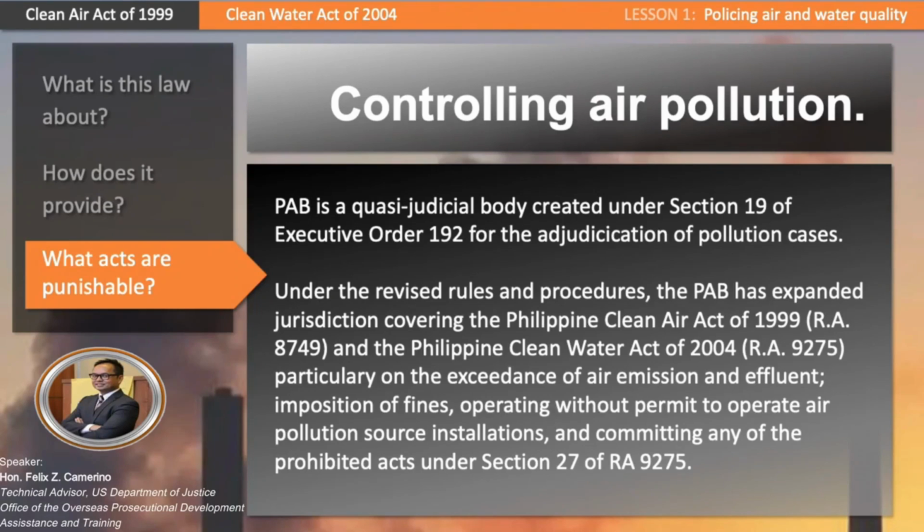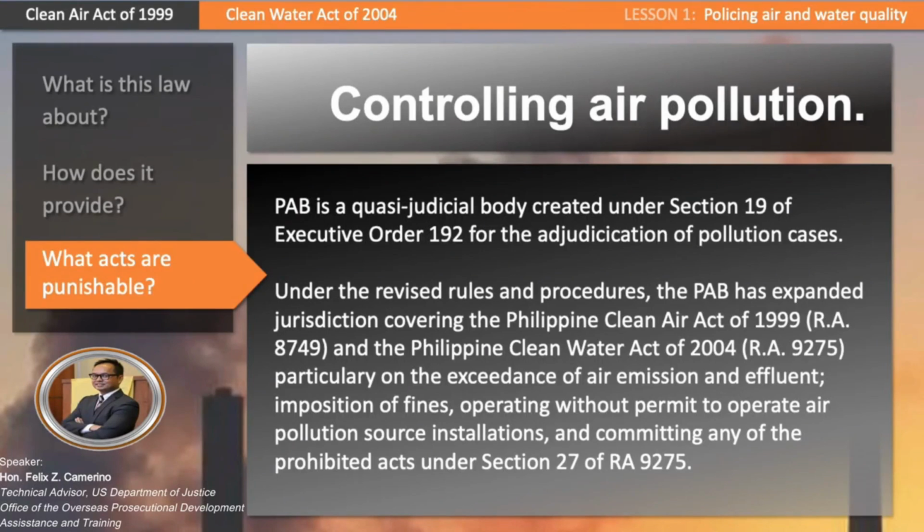It's actually under the revised rules and procedures. Okay, the revised rules and procedures. That's the source as to what made it so the jurisdiction of the PAB now covers also the Philippine Clean Air Act as well as the Clean Water Act, the same laws that we're talking about now.